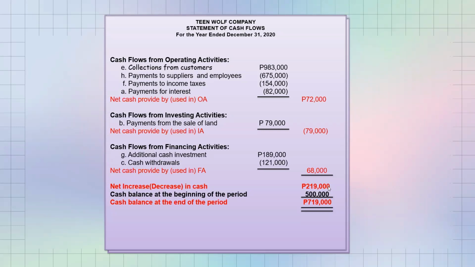Meaning, for the year ended December 31, 2020, 219,000 pesos was added to the cash of the business.